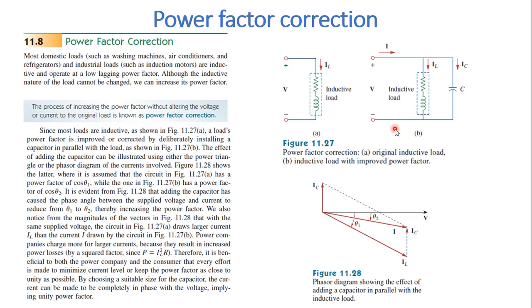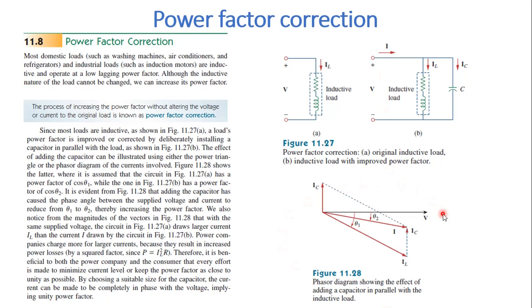Here also we have the same inductive load with current IL, and we have connected a capacitor in parallel, which absorbs a current of IC. The total current in the circuit is I.